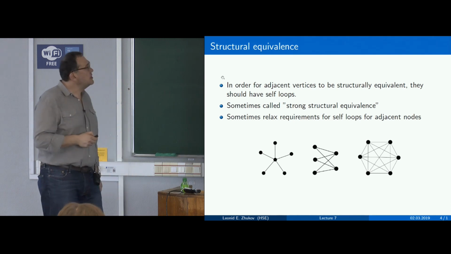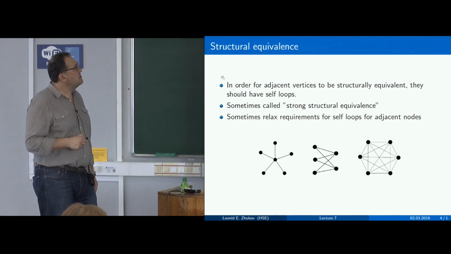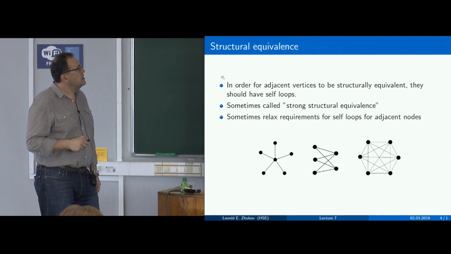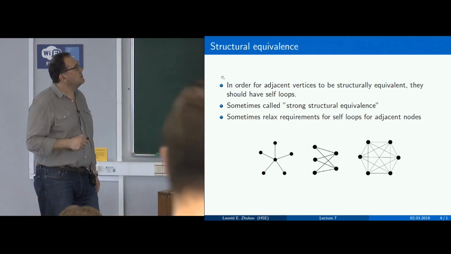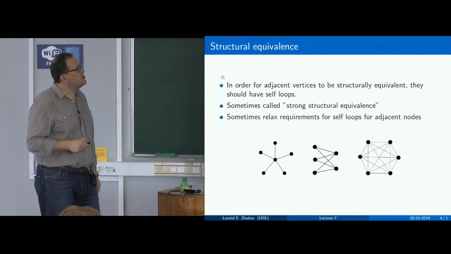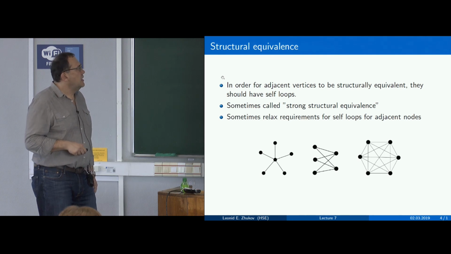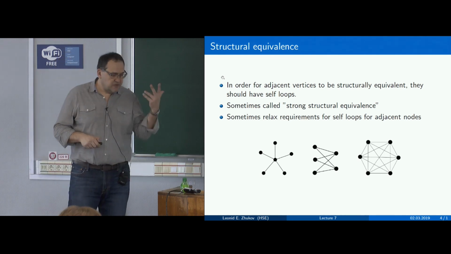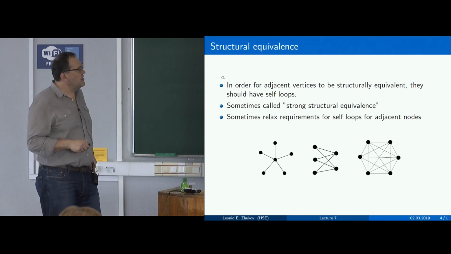And as I mentioned, the original definition is quite often called strong structural equivalence, and then we have self-loops for adjacent vertices. And that relaxes the definition and makes our life easier.